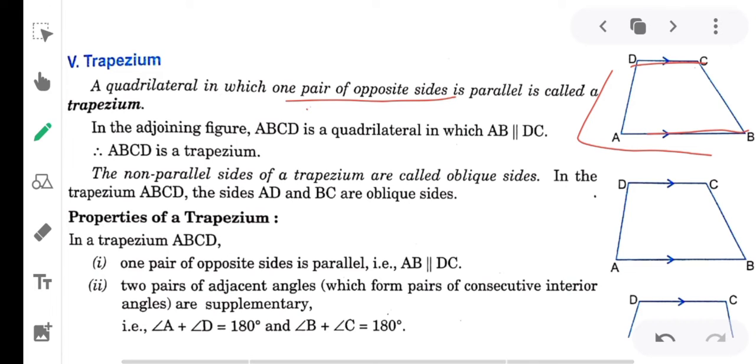So the properties of the trapezium: one pair of opposite sides is parallel, AB parallel to DC, and two pairs of adjacent angles are supplementary. That means angle A plus angle D equal to 180 degrees, and angle B plus angle C equal to 180 degrees.